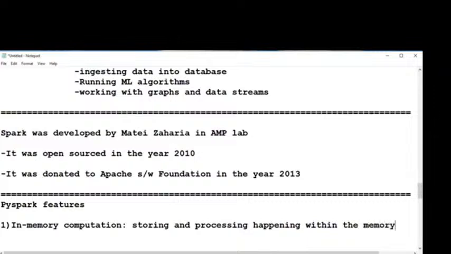Within the memory level means RAM level. Storing and processing, not at the disk level, but at the memory level. It is within the RAM.